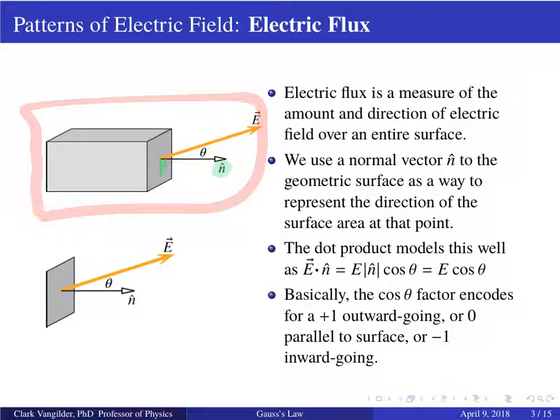The idea that admittedly is weird is this: we use a normal vector that we'll call n hat on geometric surfaces as a way to represent the direction of the surface area at that point. But the surface area isn't going anywhere. The electric field is. But it doesn't matter in the mathematics. This is a physics, math, reality thing.